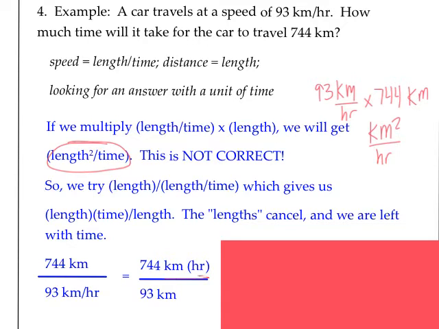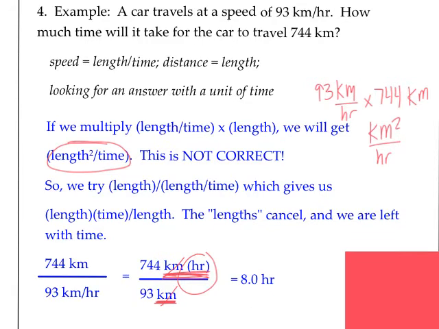And we're going to see that we've got kilometers times hour and then dividing by kilometers. What happens to the kilometers in that fraction? If I have one on top and one on bottom? Good. They're going to cancel out. Okay. And that leaves me with just hours, which makes sense. Hours is a unit that's acceptable for time. Okay.